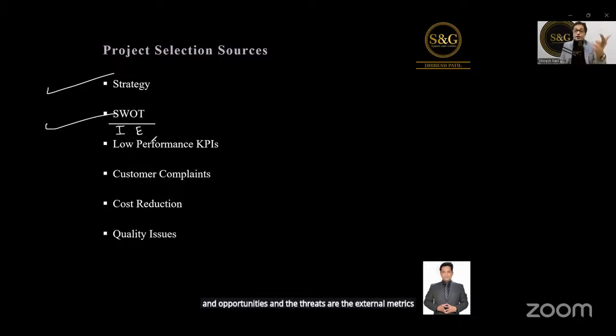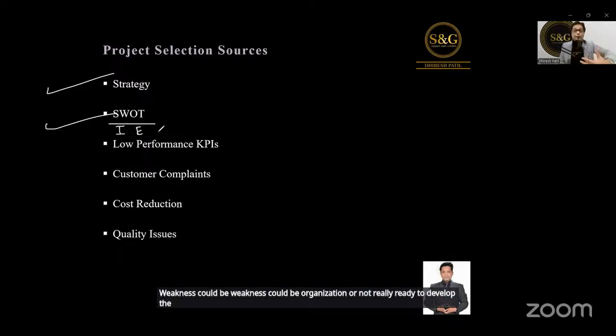So what are the opportunities for us? Example, technology could be a strength, experience could be a strength. A weakness could be that the organization is not really ready to adopt the latest technology. That can be the weakness of the organization, right?